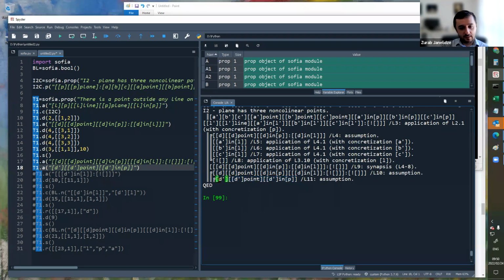It says that there is a point D prime that lies on P. Why are we making this assumption? It's not clear at this point. If I'm trying to discover the proof, let's say I don't have already a prepared proof that I'm trying to discover, it would take a while, okay?